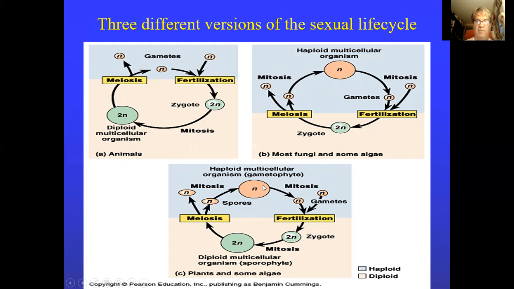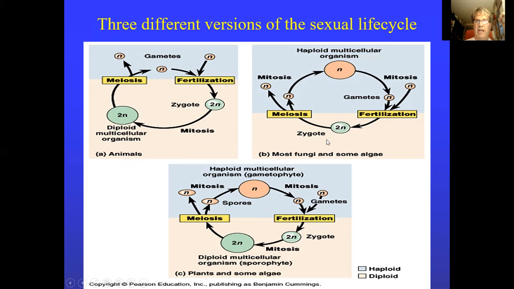That's called a gametophyte. And then that will go through mitosis to produce gametes, and two gametes will fuse together, fertilization, making a diploid organism again, and that will go through mitosis to produce a new diploid multicellular organism. It's called a sporophyte.